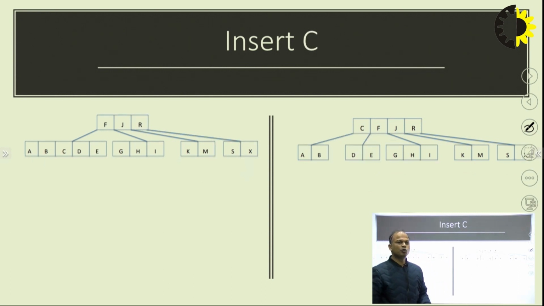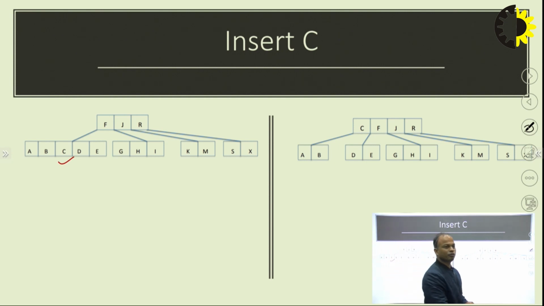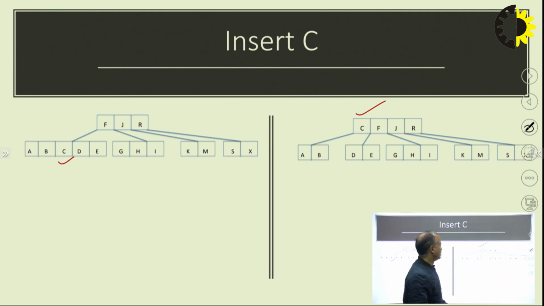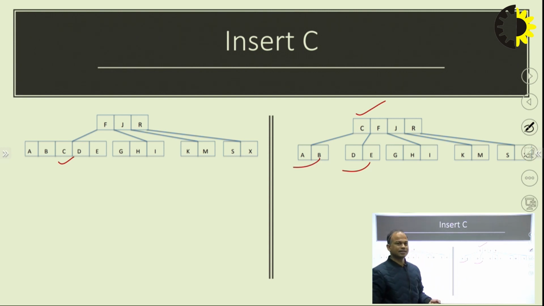Now if we want to insert C, C is smaller than F. So here further we have the total 5 keys, and the possible number is here 4. So it is further split into 2 parts. So C will go up, and we split into 2 nodes, D, E and A, B, like this.